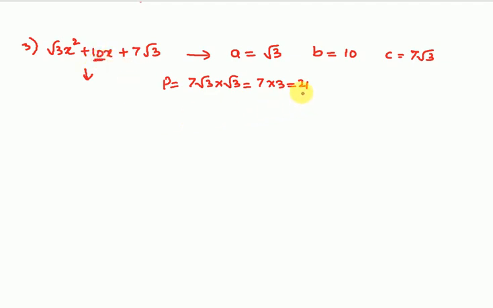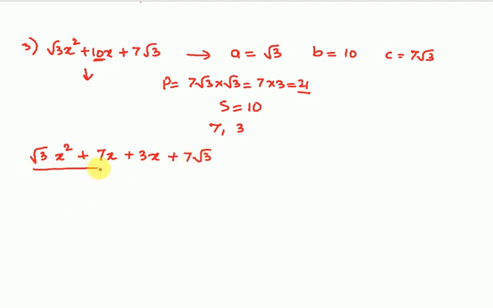So whose product is 21 and the sum is equal to 10. The numbers will be 7 and 3. So write the middle term after splitting. Root 3x square, first number is 7x, second number is 3x, plus 7 root 3.